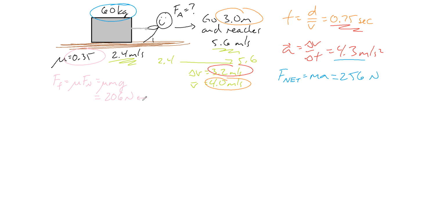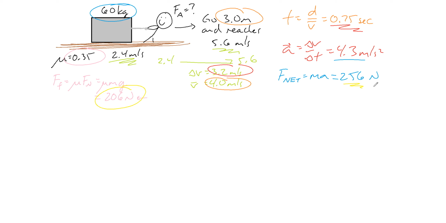All right, so let's see if we can put things together. He is pulling on the box. The first thing that he would have to do in order to get this thing to move is take care of friction. In order to take care of friction, he'd have to pull with 206. He needs to pull with 206 just to take care of friction. But he's doing more than that, because not only is he canceling out the 206 from friction, he's also winning with 256.